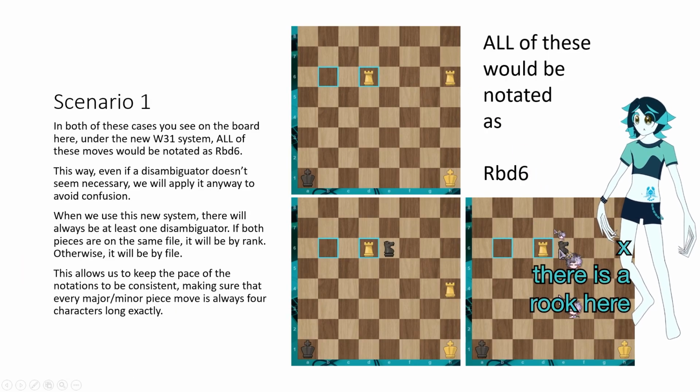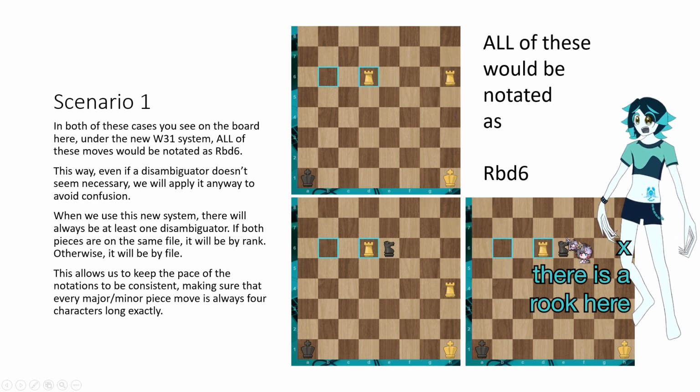So we have 3 different scenarios where a normal person would have written these as rook d6, but obviously, as we've already established, that doesn't work. So in a situation like this, under the new W31 notation system, all of these would be notated as rook b d6. We're not going to care if the rooks are on the same rank.